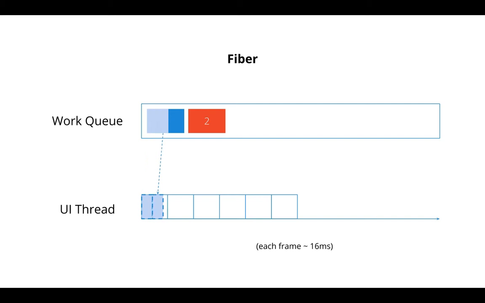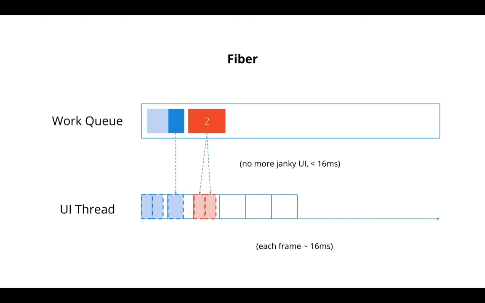So I start looking into the new type of work that came in. I start splitting that into multiple frames. I start planning those fibers into frames in the browser, and once I have finished rendering everything that was in that priority chunk of work, I can go back to my old thing that I was doing and resume it.